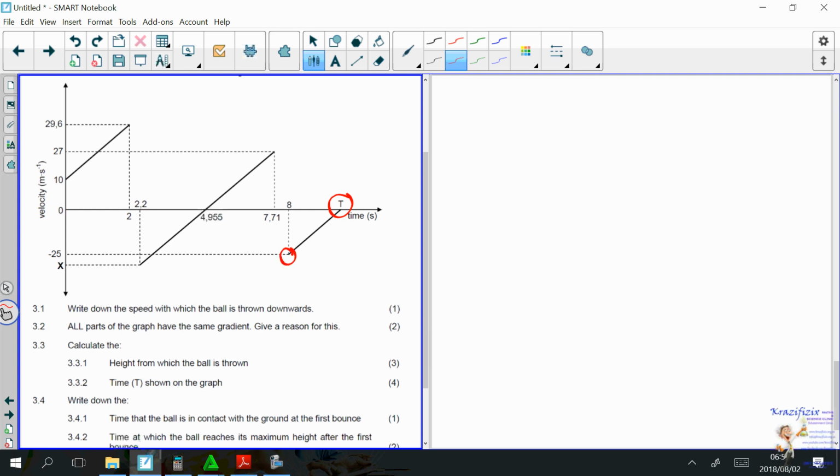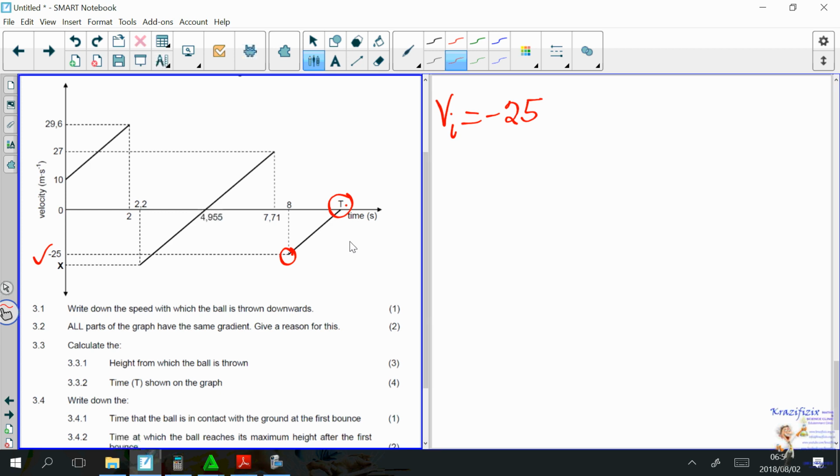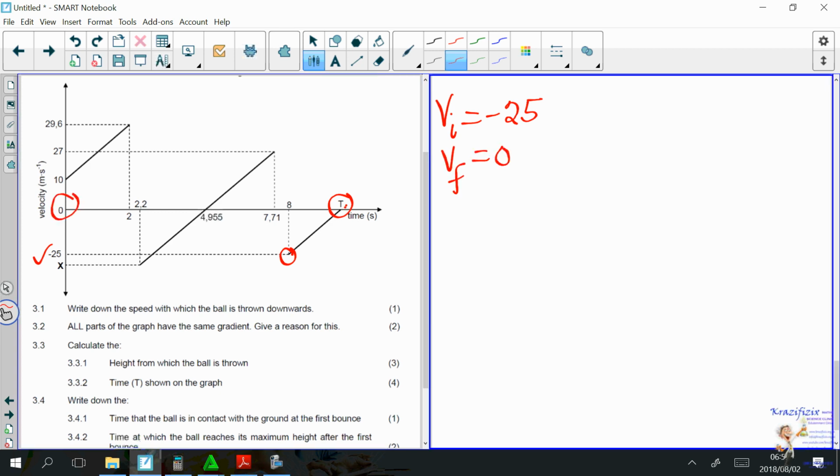What's my initial velocity there? My initial velocity is negative 25. At t, t is the maximum height. Velocity is 0. Final velocity is 0. I'm looking for the time there. T is unknown. Remember my acceleration, please don't change the value. It's positive. Do you see a formula here?